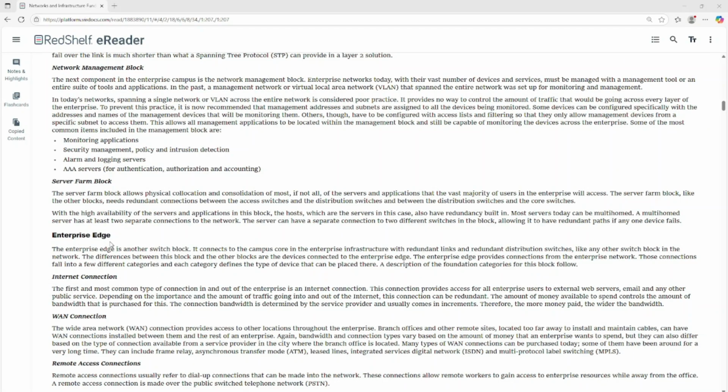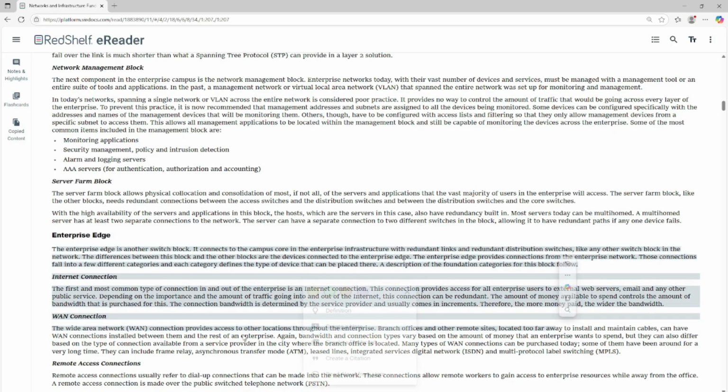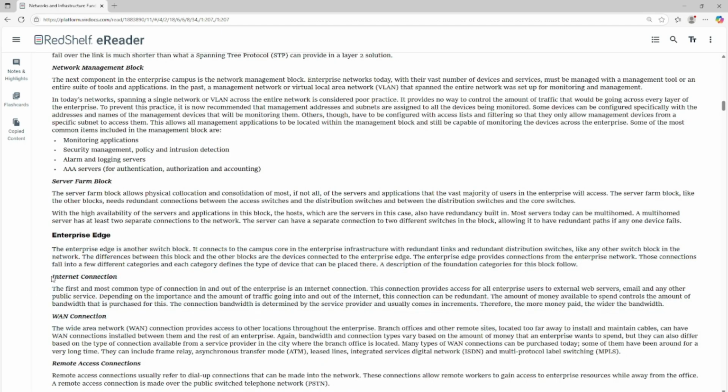The enterprise edge connects the internal network to external networks such as the internet, remote offices, and business partners. You can see it includes modules like internet connectivity, VPN, and WAN.